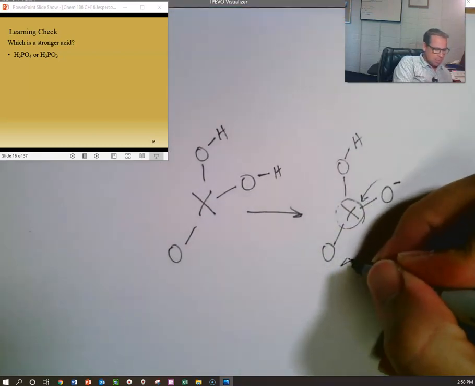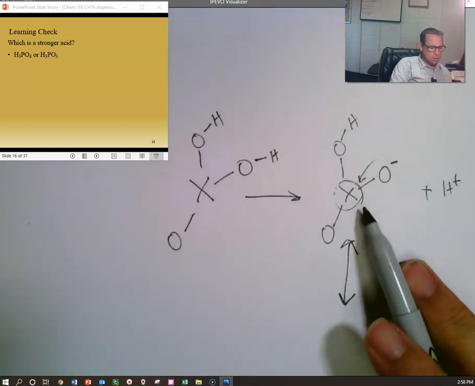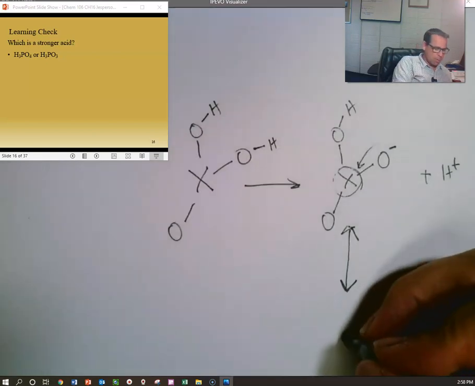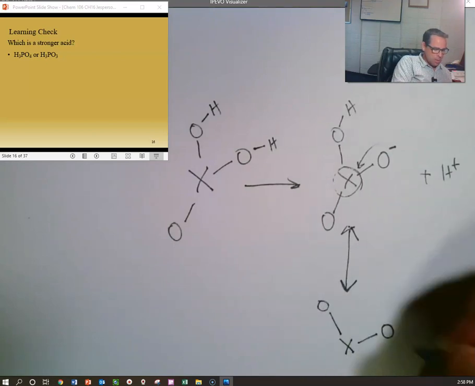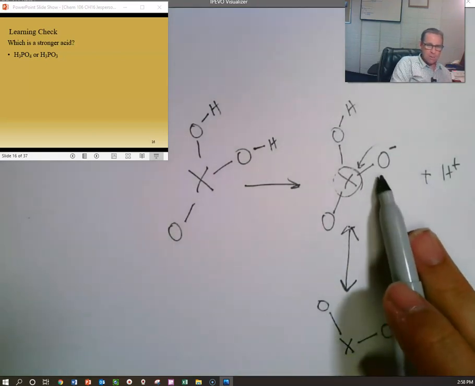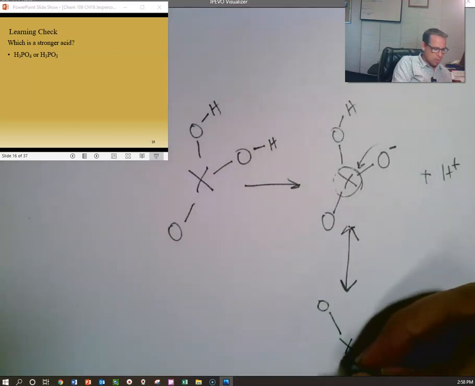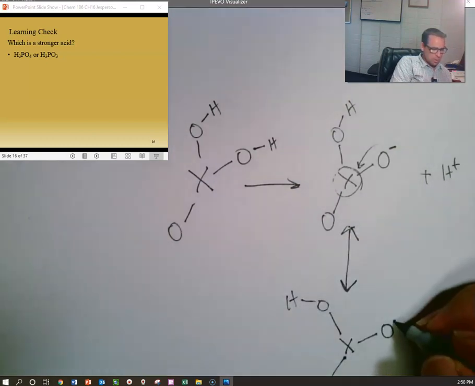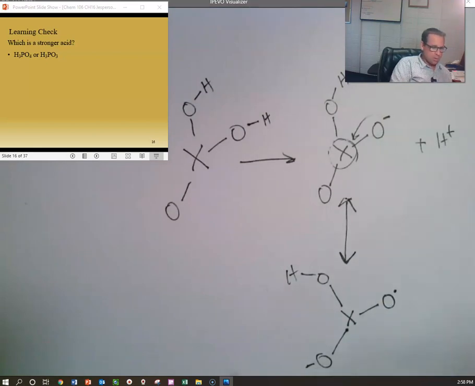Another thing that we introduced last semester was what we call resonance structures for this ion. Okay? Resonance structures, you probably don't remember very well, but it's essentially where we take our negative sign and we can distribute it to a different location. So now I've taken my negative sign and I've moved it over to this oxygen here.